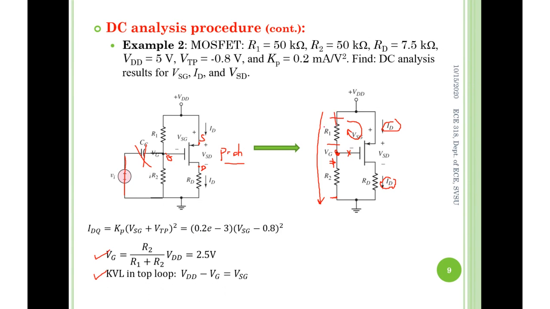How to find the voltage across R1? You take the voltage at this terminal of R1 minus the voltage at that terminal. At this terminal, the voltage is VDD; at this one it is VG. So VDD minus VG equals the voltage across R1 with this polarity. It equals VSG. So this is the KVL in the VSG loop.